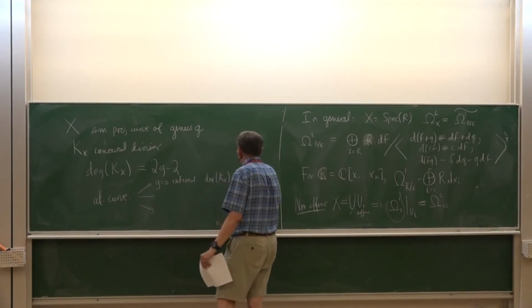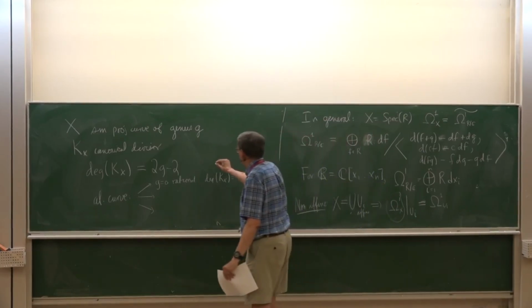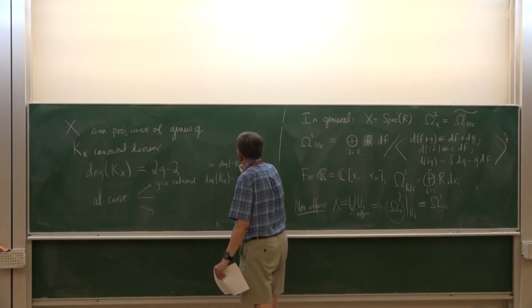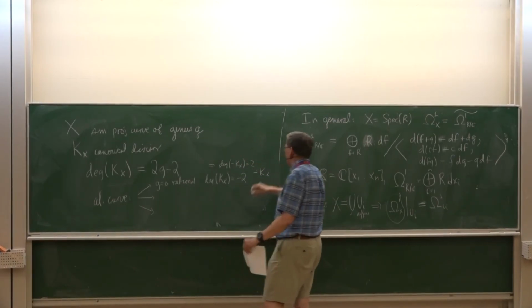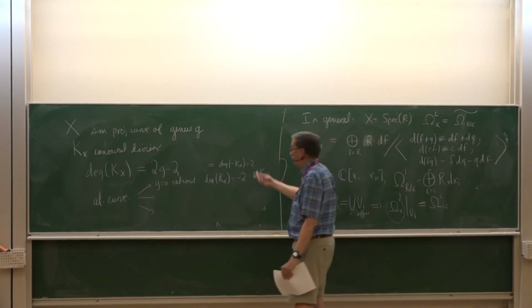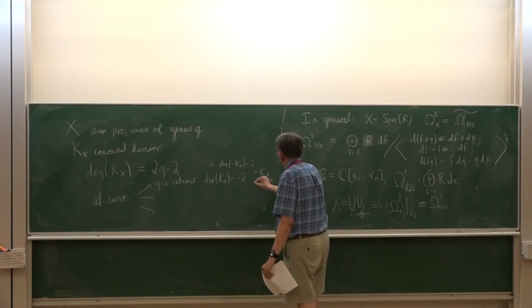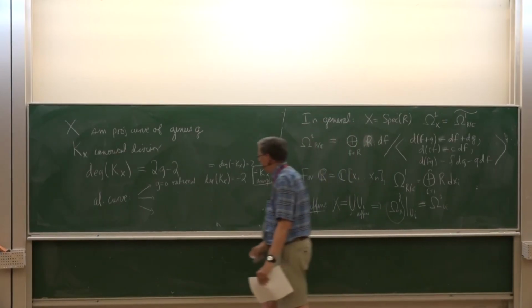And notice that there, the degree of K_X is minus 2. And it turns out that implies that the degree of minus K_X is 2. And so on a Riemann surface, the ampleness criterion just boils down to the degree being positive or negative. So here, this is where the anti-canonical class is ample.